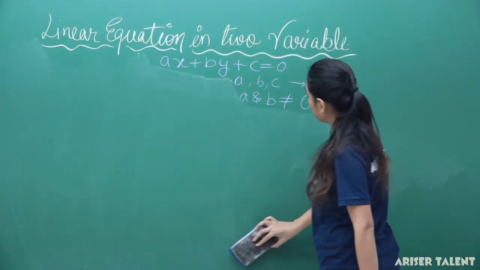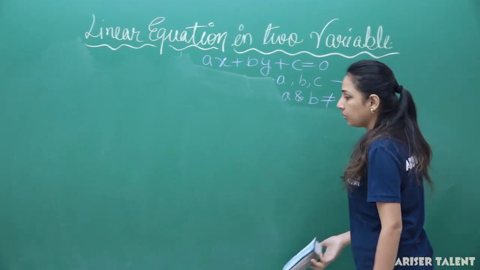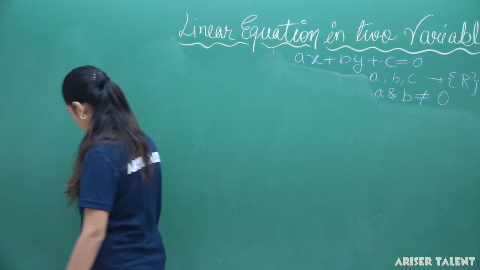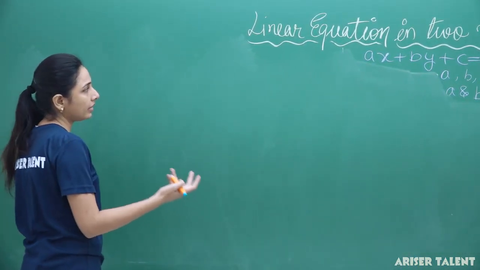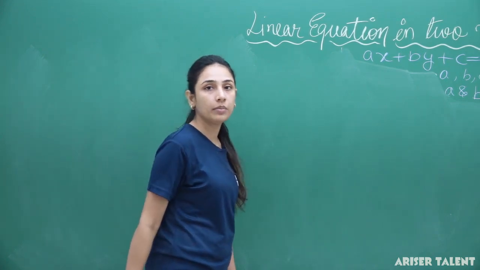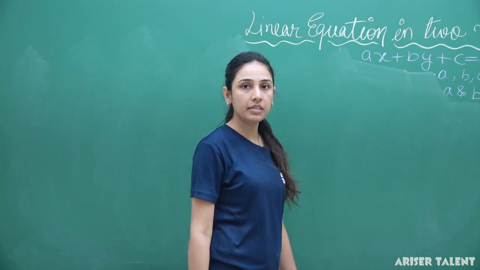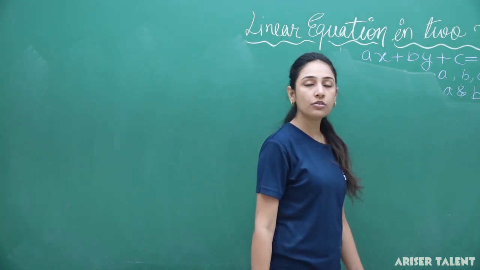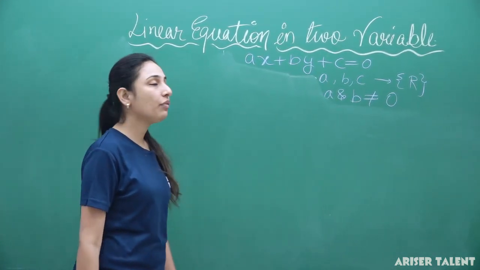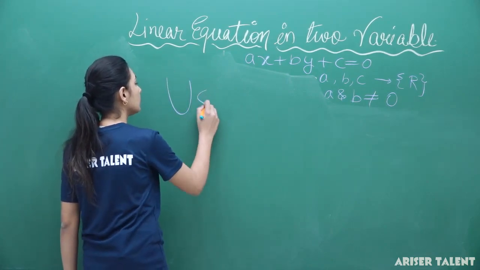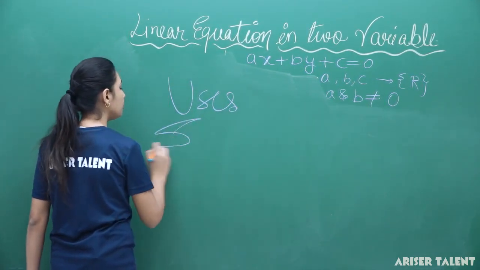Okay. So now we have covered the basic definition of linear equation in two variables, the format ax plus by plus c equals 0, where a, b, c are real numbers and a and b are not equal to 0, and then we found the uses and the solution.